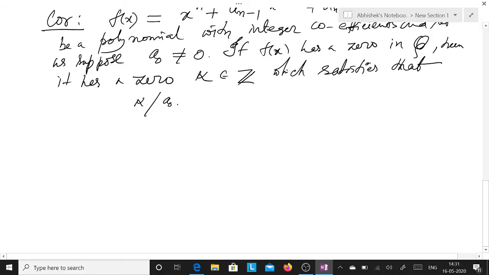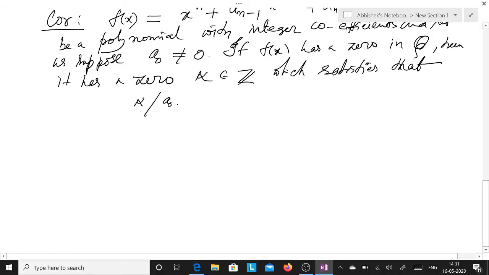That is, the possible integers that are zeros of that polynomial are those which are divisors of the constant coefficient a_0.